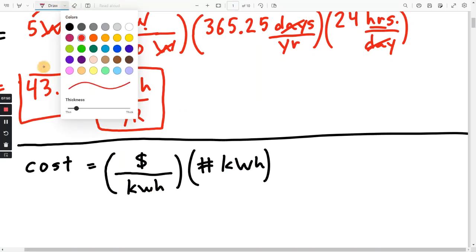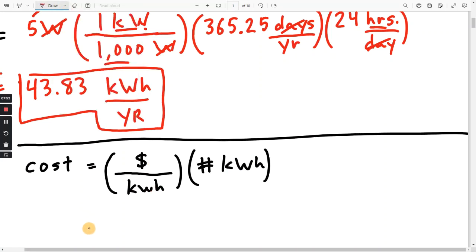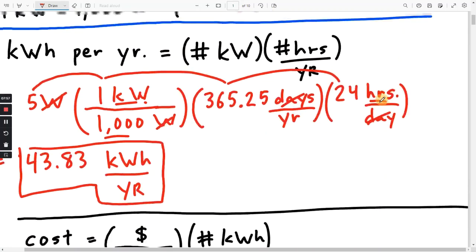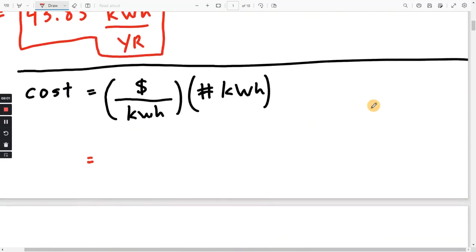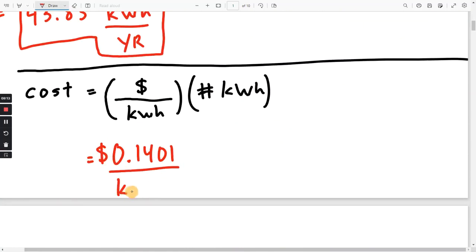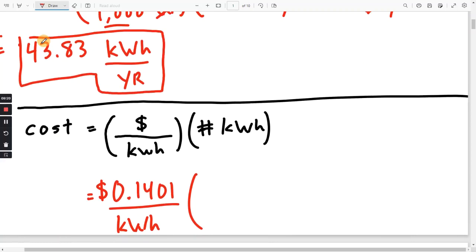Once again, I'll do the calculation in red. We said the price per kilowatt hour was $0.1401 per kilowatt hour. So that is 0.1401, in dollars per kilowatt hour, multiplied by the number of kilowatt hours per year.